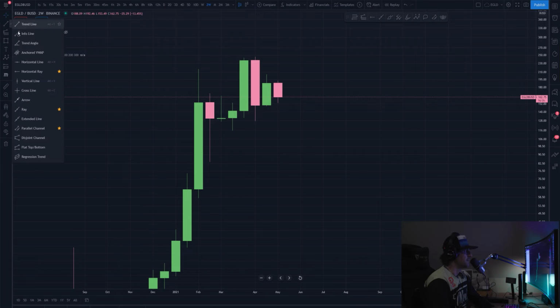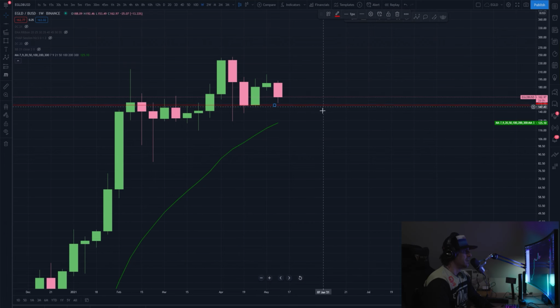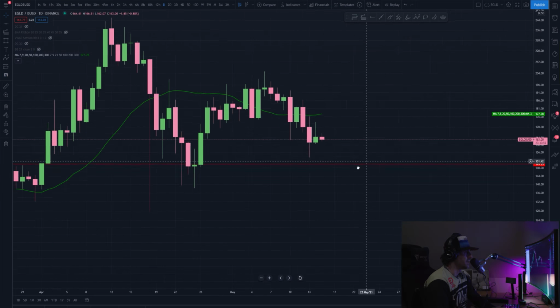This means that Elrond can go down and close this 2-week chart at 149. On the weekly chart, we have a double top forming, and it's going to close in 2 days. And on the daily chart, let's find out.